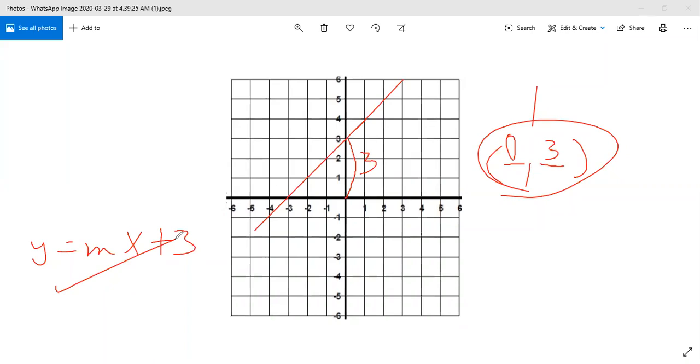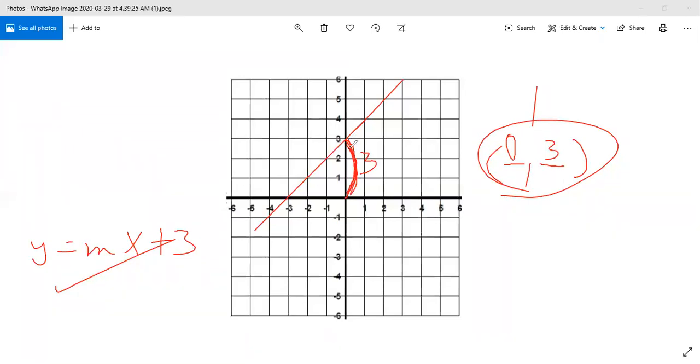C is the 3. Yes, very good. C is the y-intercept. What's the meaning of y-intercept? The intercepted part from the y-axis. Understood? Yes. Okay.